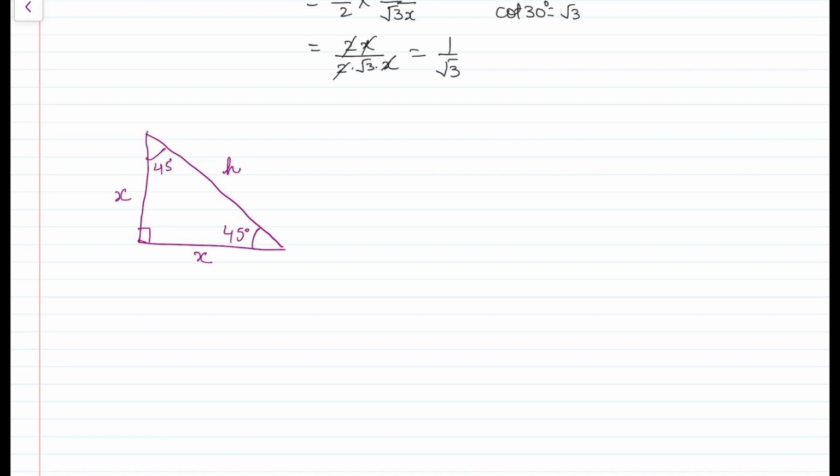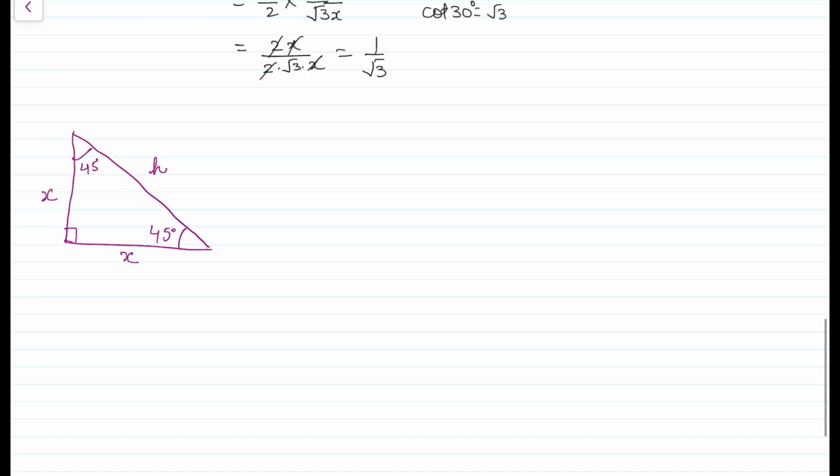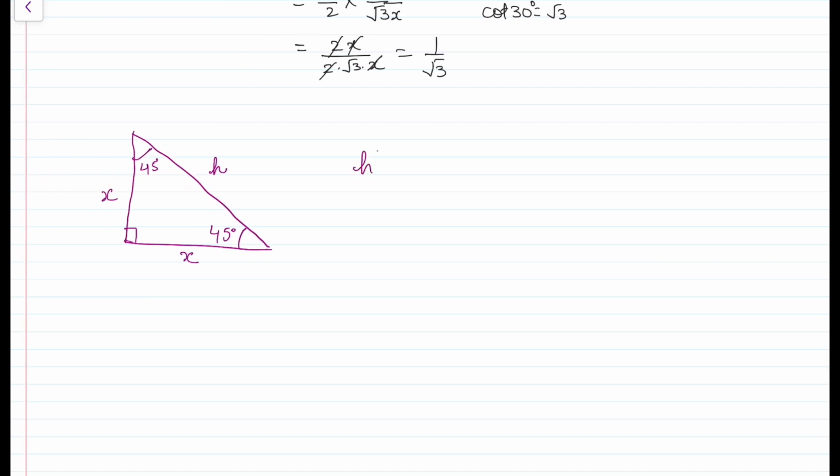Now we can find, using Pythagoras theorem, the value of h in terms of x. So h squared is equal to x squared plus x squared. So h squared is equal to 2x squared. Now the square root on both sides will give us h is equal to root 2 x.